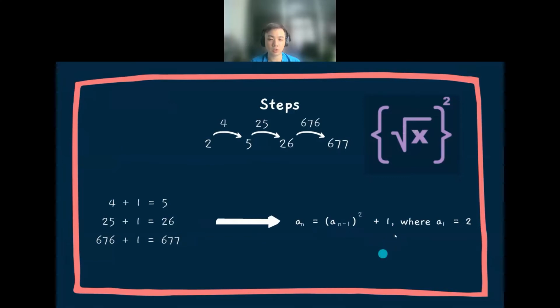Remember to put the starting place in this formula, where a1 equals 2. So this is the whole formula for this sequence.